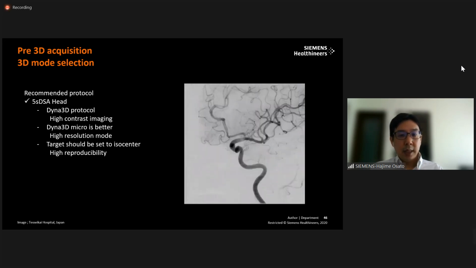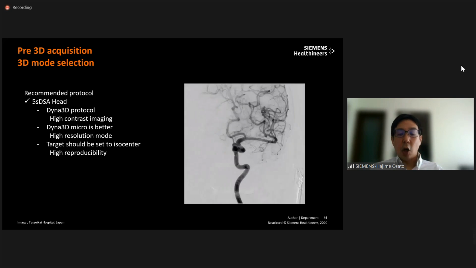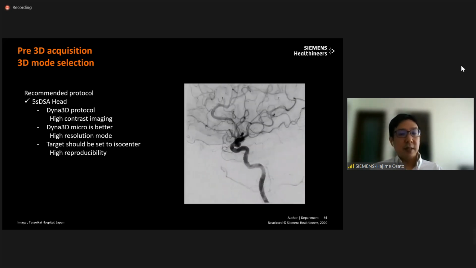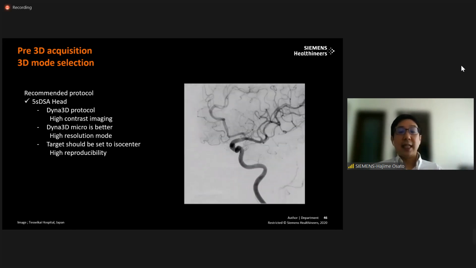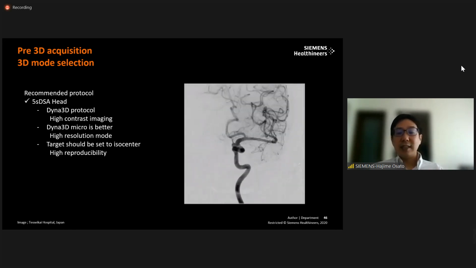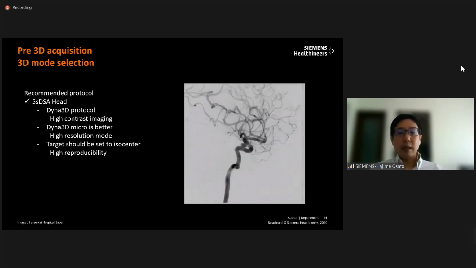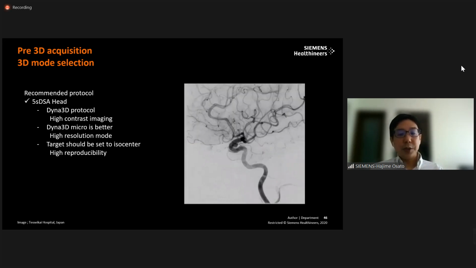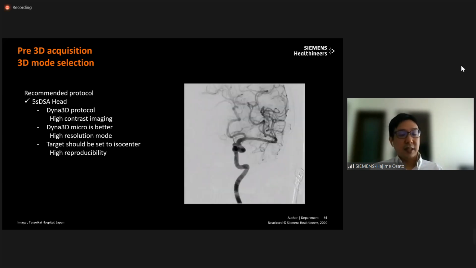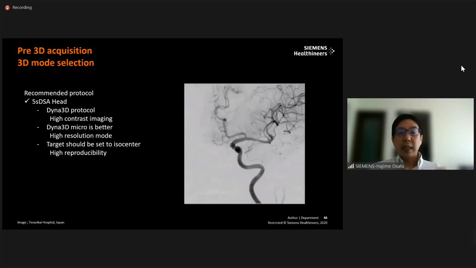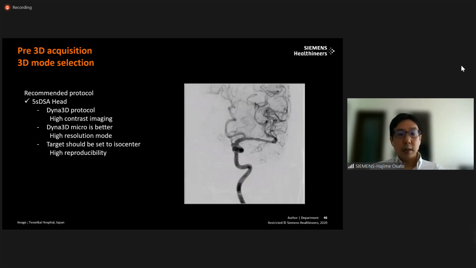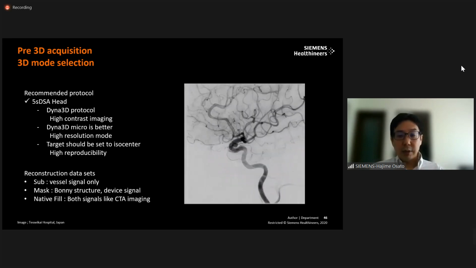The target is a high density object, like a vessel enhanced by contrast medium, bony structure, and some metal if the patient had a previous procedure. If a high resolution mode option is there, it will be better. A subtracted 3D protocol is recommended on our system. So we get a 3D reconstruction data set after the 3D.